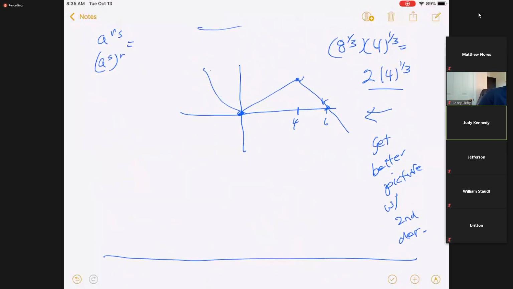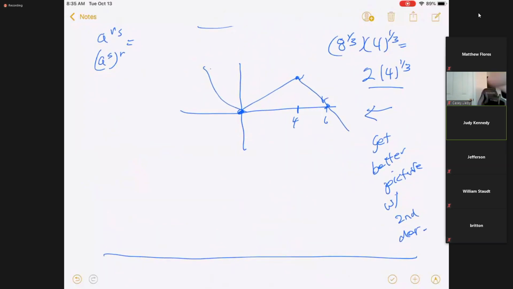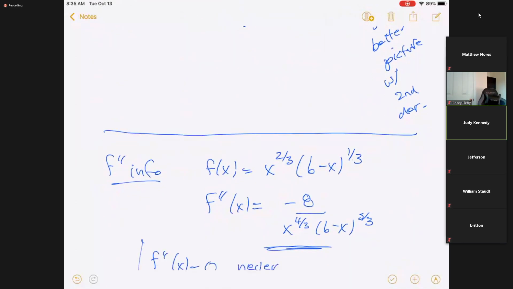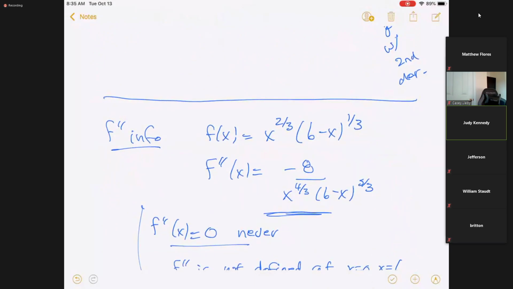Then we're going to get more about how it curves with the second derivative. And there you're looking at your second derivative information.